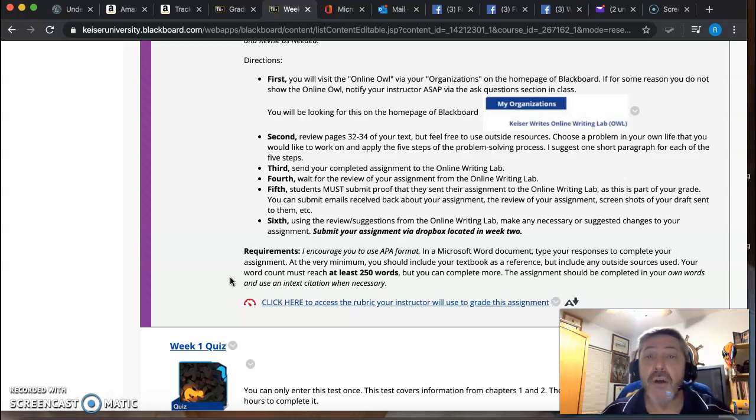And once again, if you're unfamiliar with this, go to the Program Resources section, click on the APA tab, and you'll find all those resources there that talk about why we use APA, how we use APA, when we use APA, and give you some templates and examples of a formal paper. Your paper must be at least 250 words. It must be in a Word document for the OWL to review it. It must also be in a Word document when you submit it to me at the end of week 2.